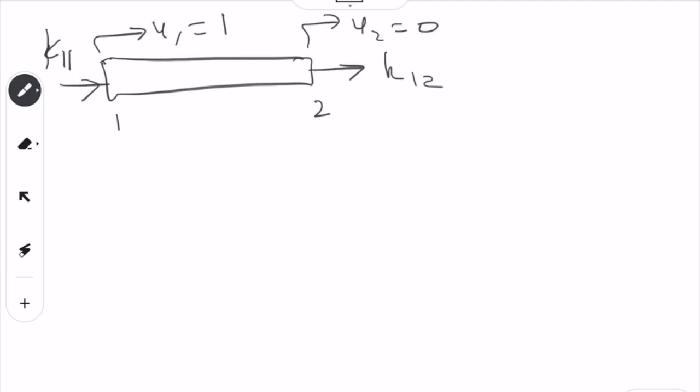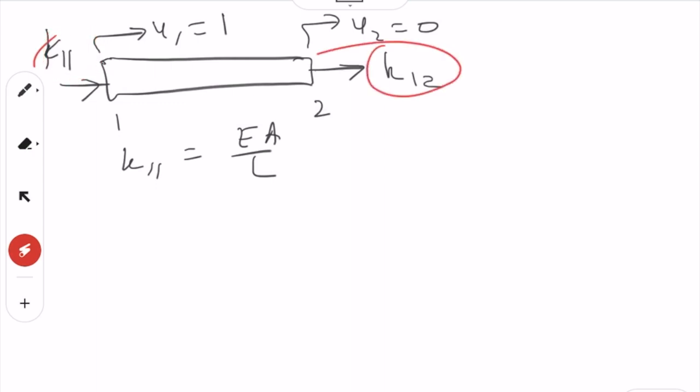And we know K11 we have calculated is equal to EA over L. In order to balance this, you have two forces here. You have one force K11 which gave unity displacement to node 1, and then you have K12 which will be required to balance this because it is fixed.